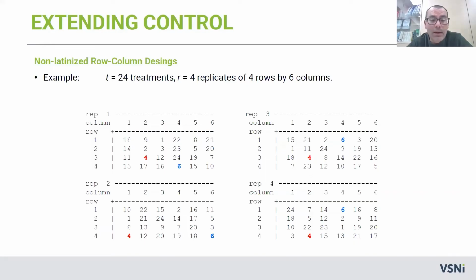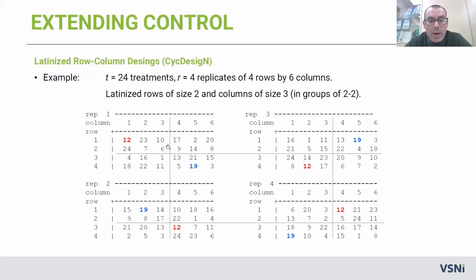But then the option is to use these super blocks, which are the Latinized blocks, and I'll show you the example on the next one, where we have said we are going to take the first 3 columns and define, on this set of the first 3 columns going across the first 2 reps, a super block. But notice that this block has 24 units.